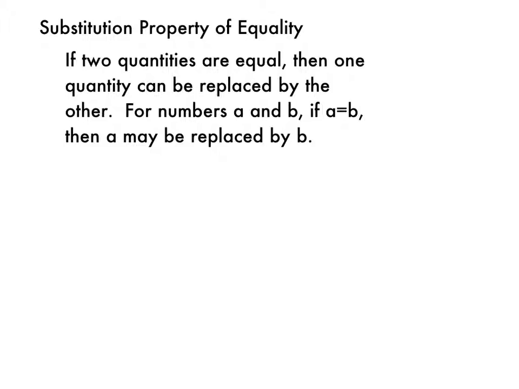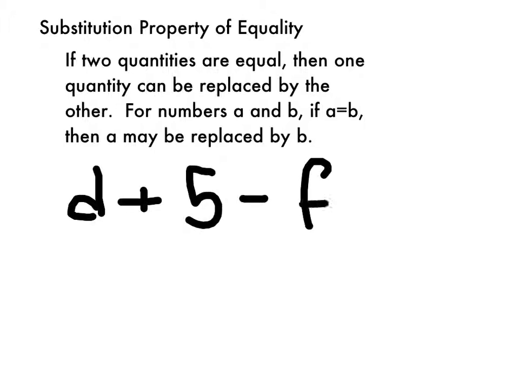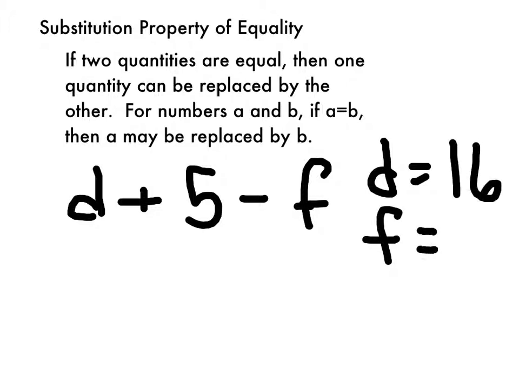Now again, we're throwing some letters into math, and sometimes this makes people a little anxious. But if we put some numbers into this, say we had d plus 5 minus f, and I told you that d equals 16 and f equals 18, what it's saying is that because d equals 16, a equals b, I can substitute that 16 in for the d.